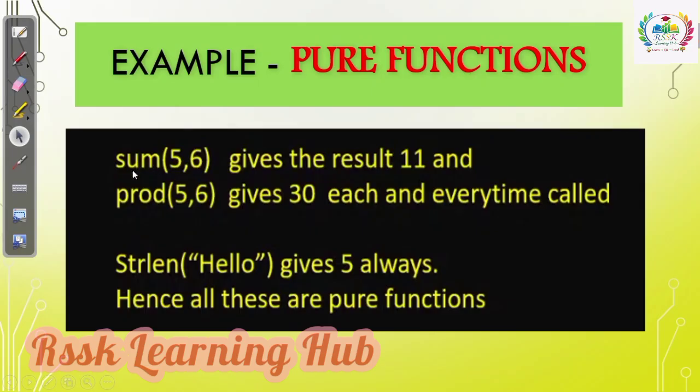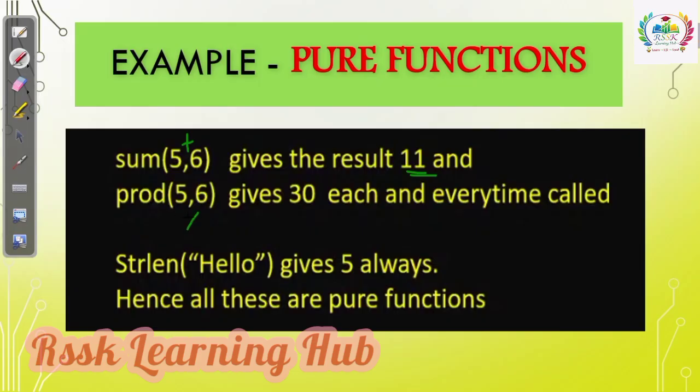Sum, this is your function name. These are the values of the arguments. 5, 6 gives the result 11. What happened? Sum of 5, 6, it will evaluate 5 plus 6. What is the result? 11. Similarly, product of 5, 6.